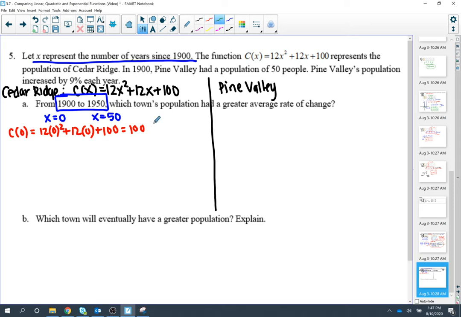So the point we're dealing with here is 0, 100. Now we have to do the same thing with 50. So c of 50 is 12 times 50 squared plus 12 times 50 plus 100. I'm going to grab my calculator. 12 times 50 squared plus 12 times 50 plus 100 is 30,700.